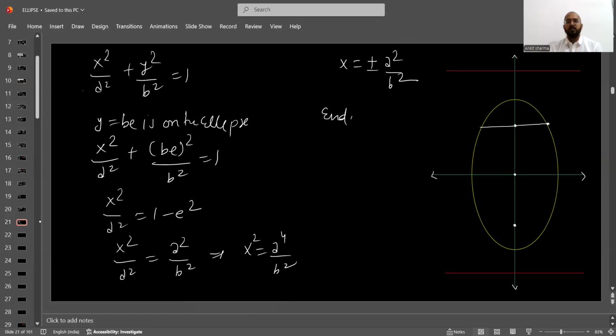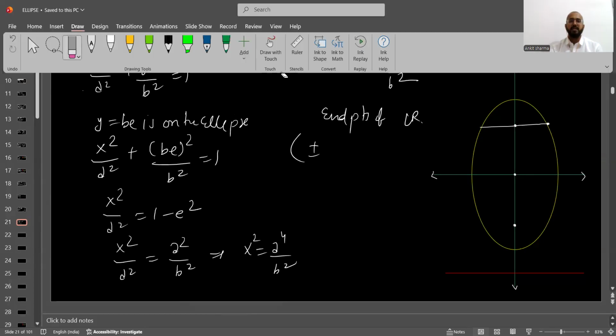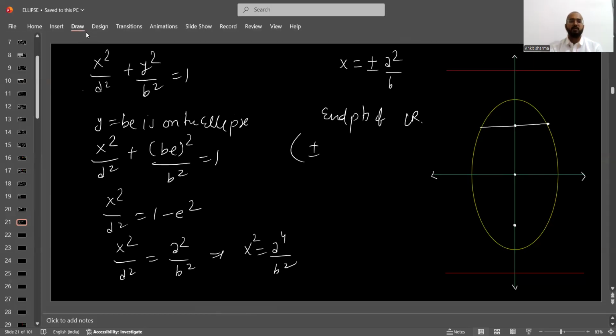So we get the endpoints of latus rectum to be plus or minus a square over b, comma, be, and for this one I'm going to have the same thing, minus be.